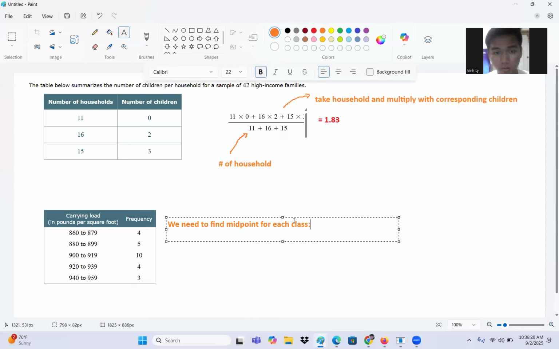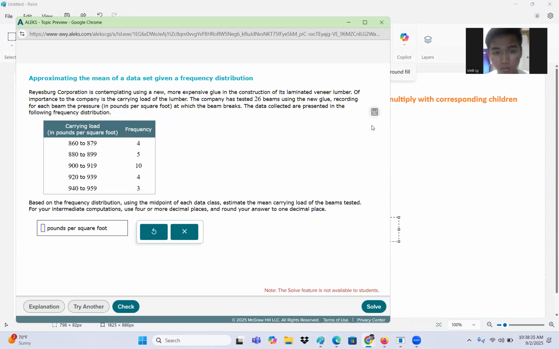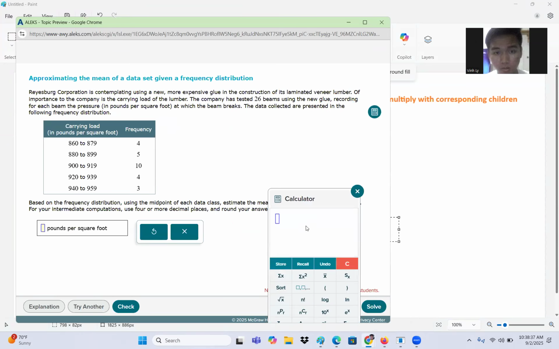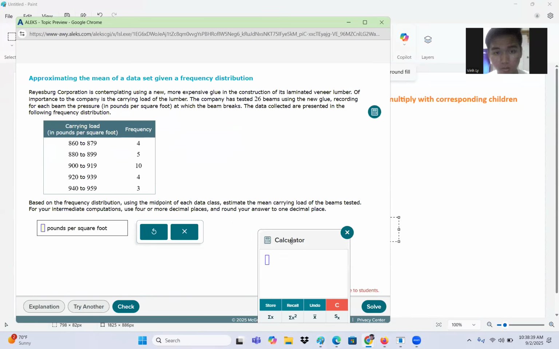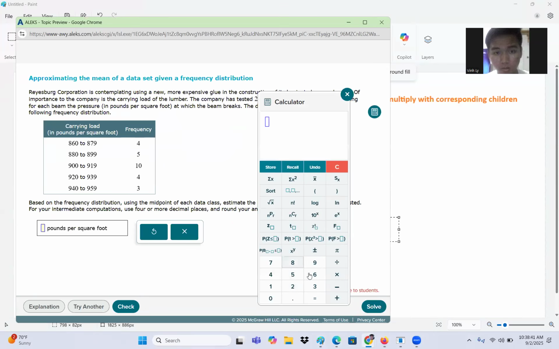In order to find a midpoint, all we have to do is simply add them up and then divide by 2, okay? So we add 860 plus 879, over 2. Using the midpoint, we take 860 plus 879 over 2.